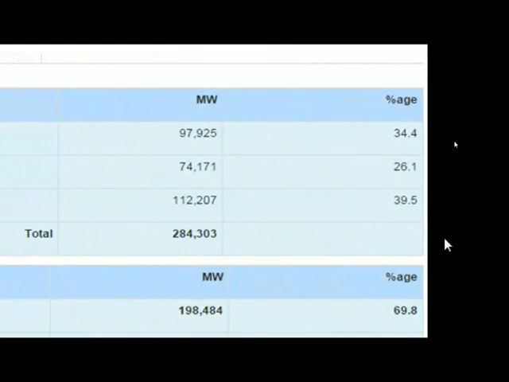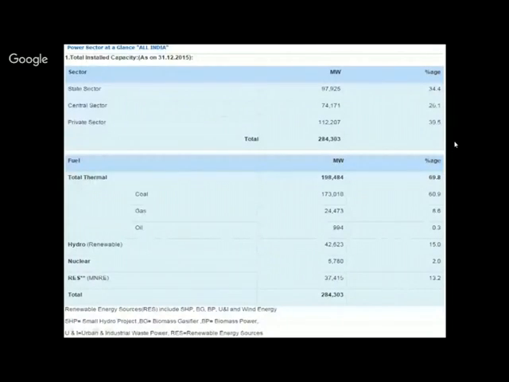Now the private sector installation is more, because comparing to the previous years' data, the growth of the private sector is more. Nowadays, even electricity is privatized. You have a number of companies, like Tata Power and Reliance, who have also started generating power. Before it was under the government, now it is being privatized. That's why in the private sector there is an increase in the percentage of installed capacity, and the total installed capacity is 2,84,303 megawatts.